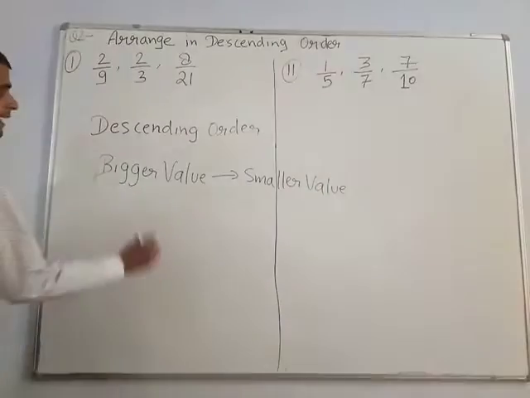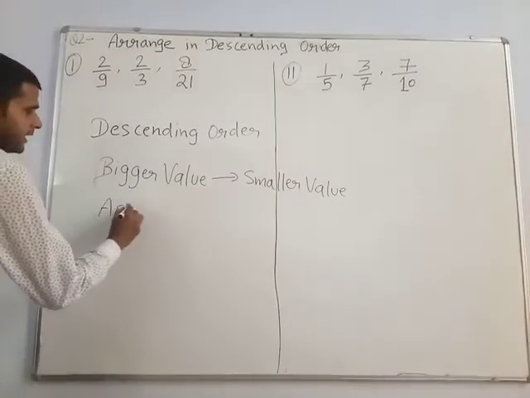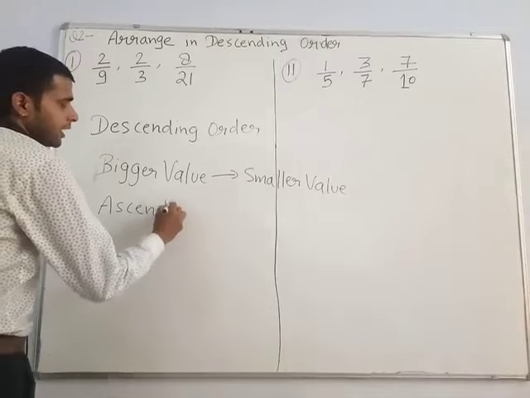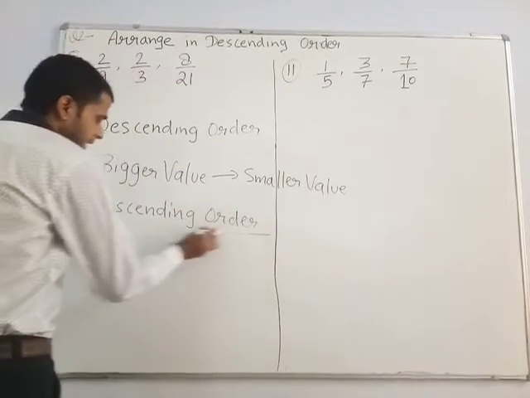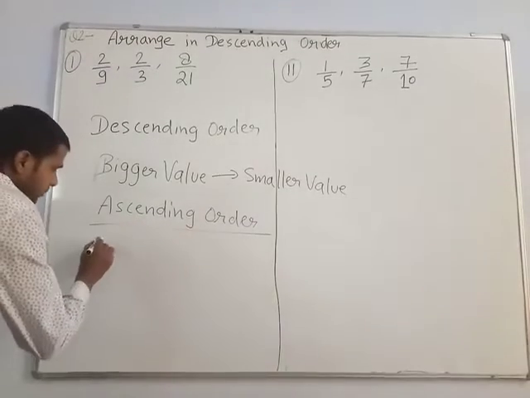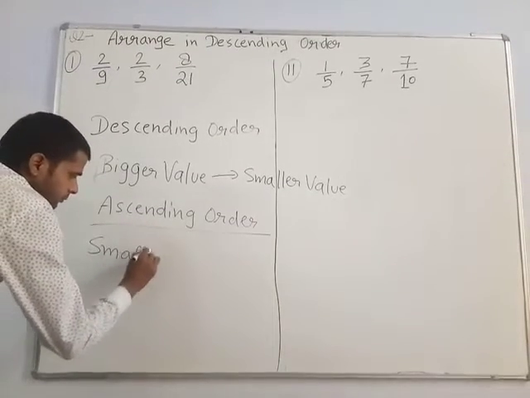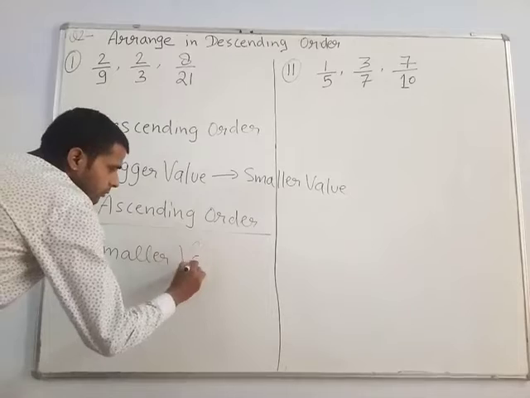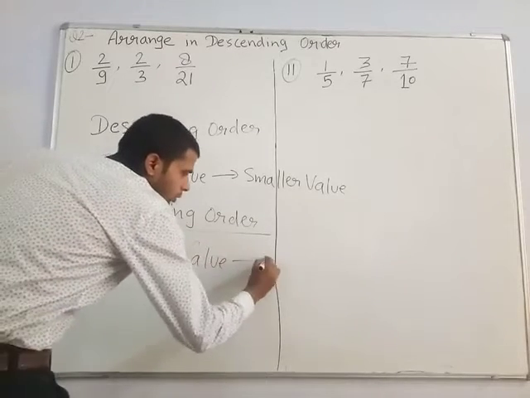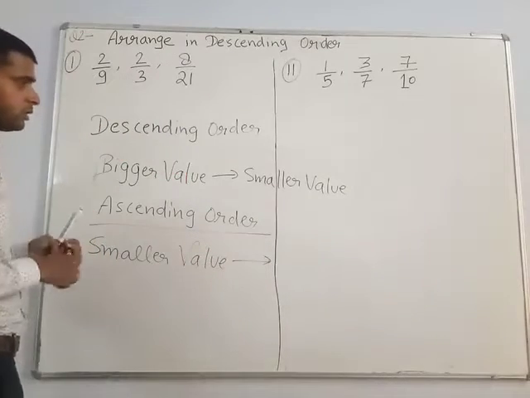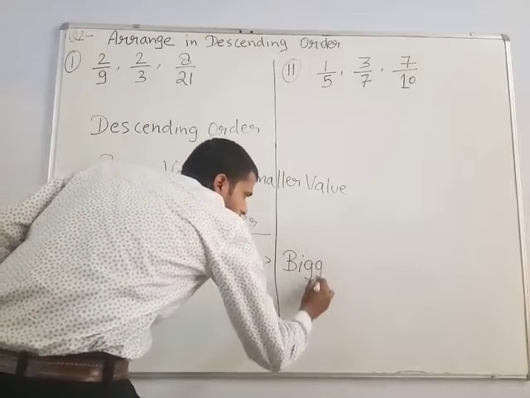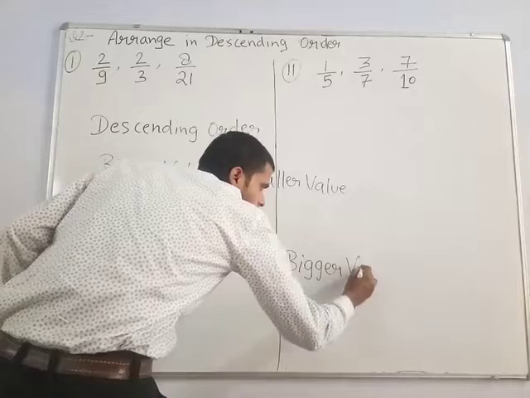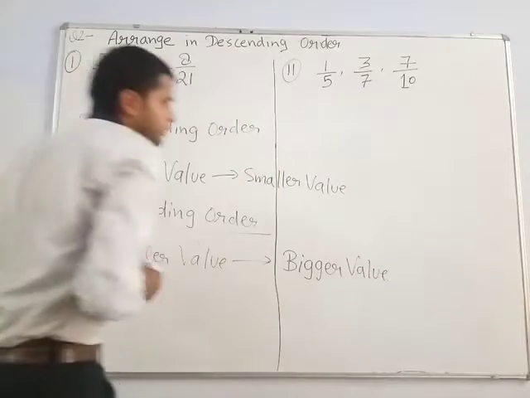right? And ascending order means increasing order, both are same. Ascending order means smaller value to bigger value, right?